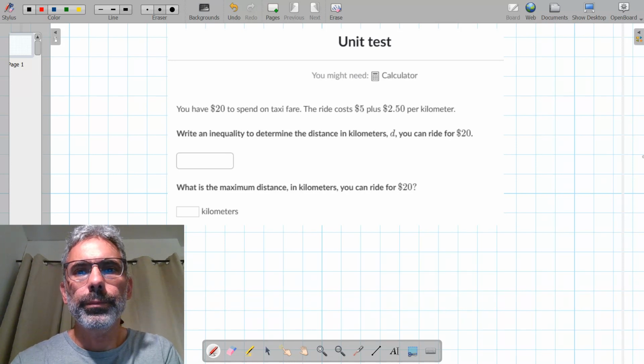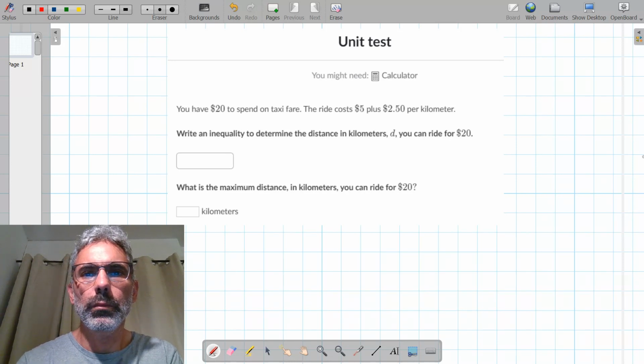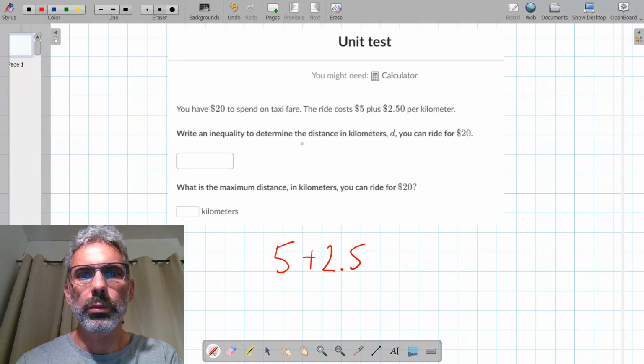Okay, so the initial ride costs $5 plus $2.5 per kilometer, and we don't know the number of kilometers we ride, so 2.5 times d.